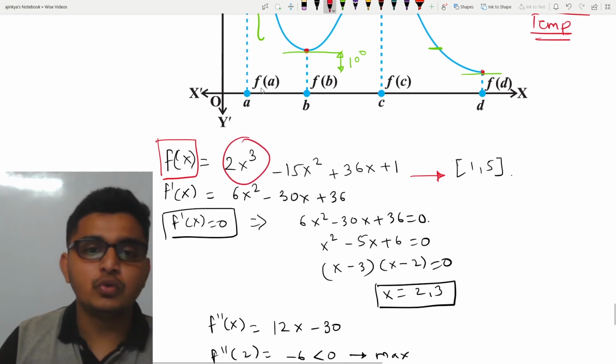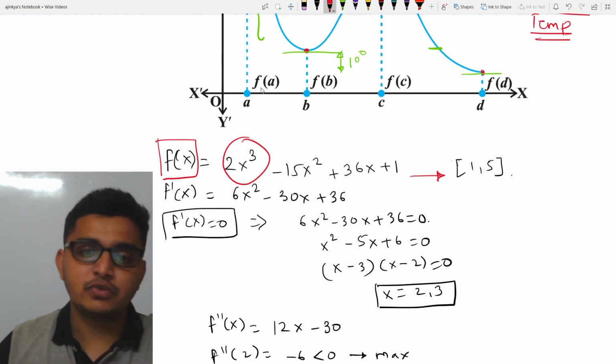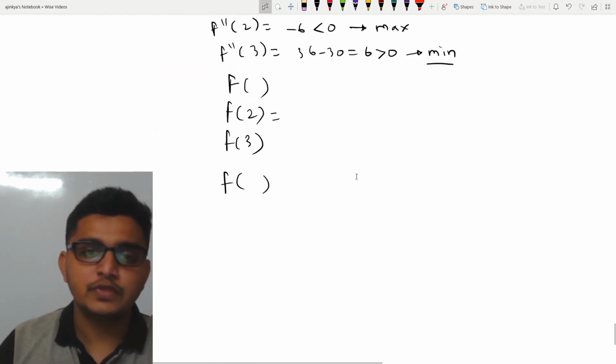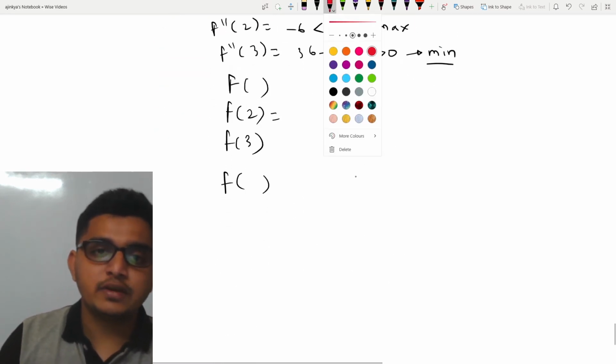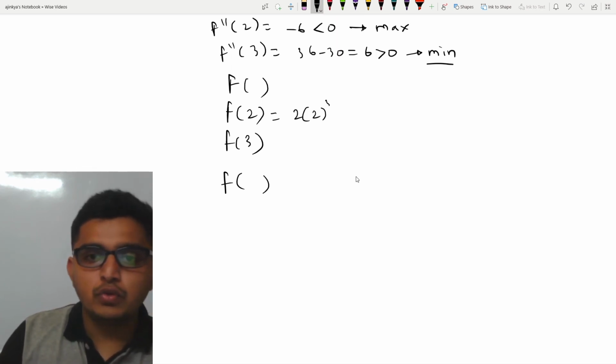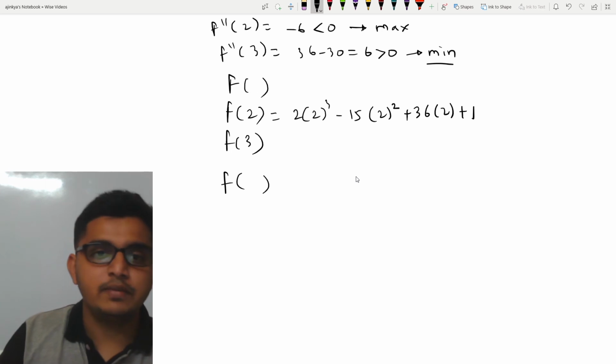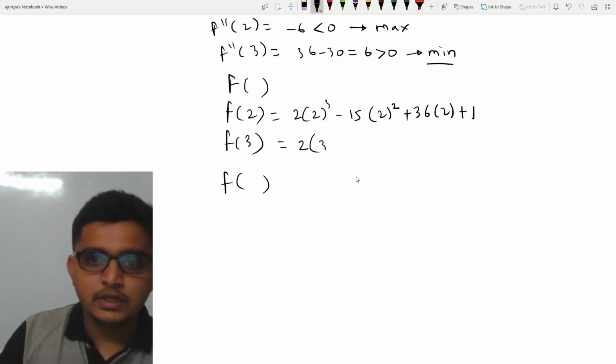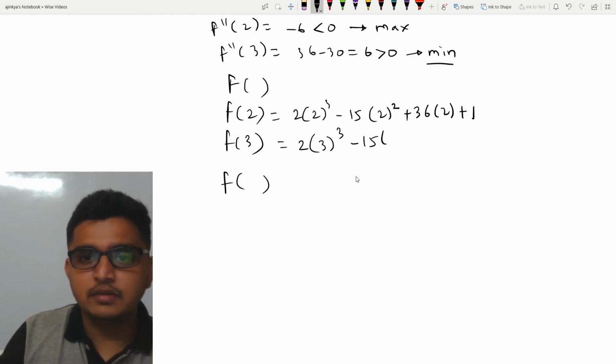We have 2 times 2 cube minus 15 times 2 squared plus 36 times 2 plus 1, and similarly 2 times 3 cube minus 15 times 3 squared plus 36 times 3 plus 1.